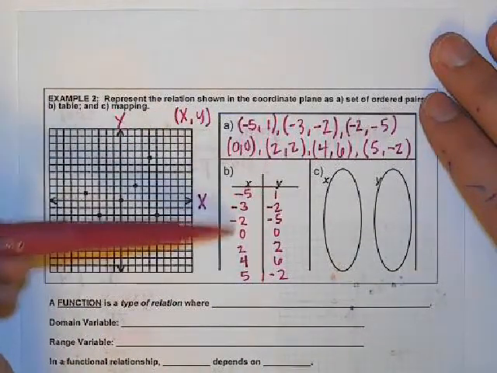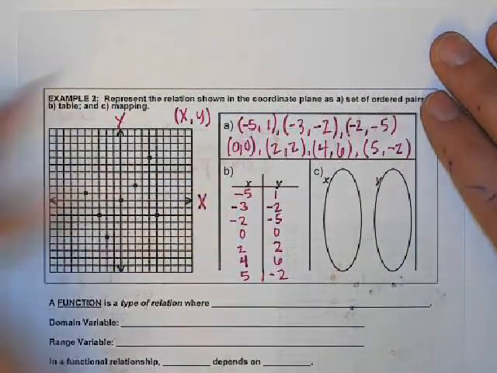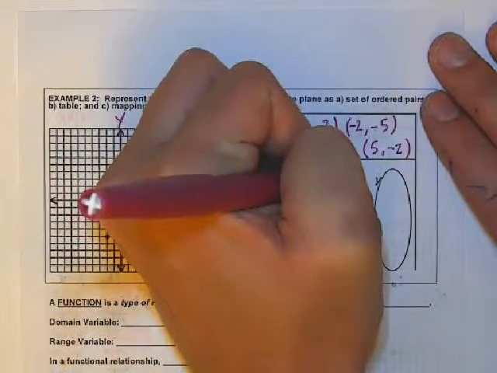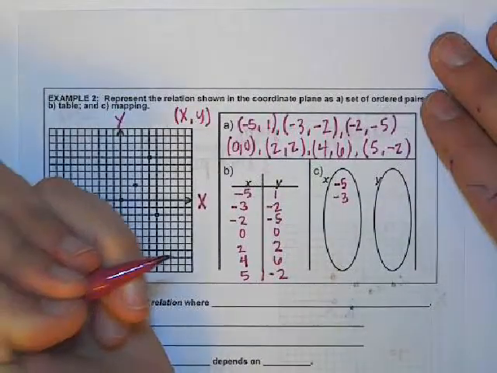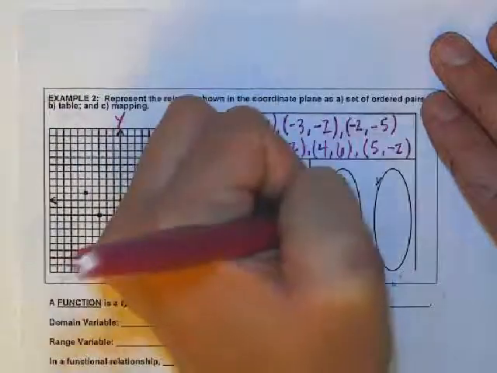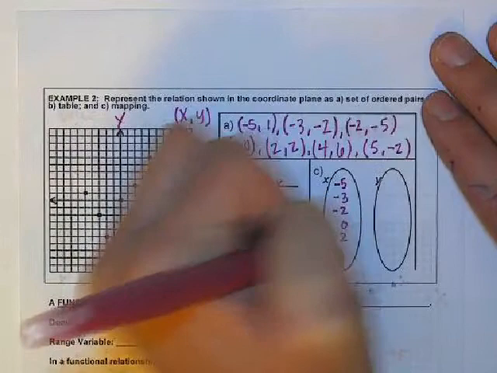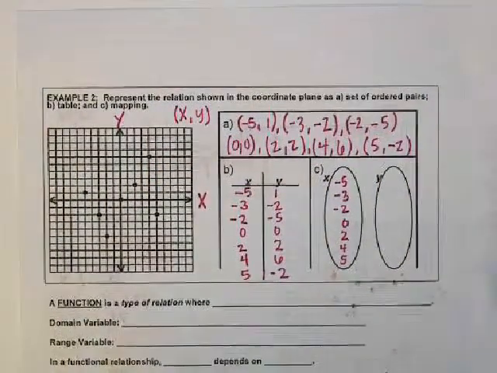No. I've got a -2 and a 2, but are those the same number? No. So I'm just going to rewrite them. -5, -3, -2. Remember, least to greatest. 0, 2, 4, 5. So make sure you got those.